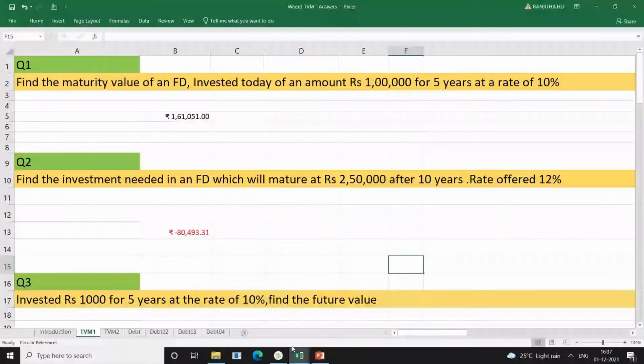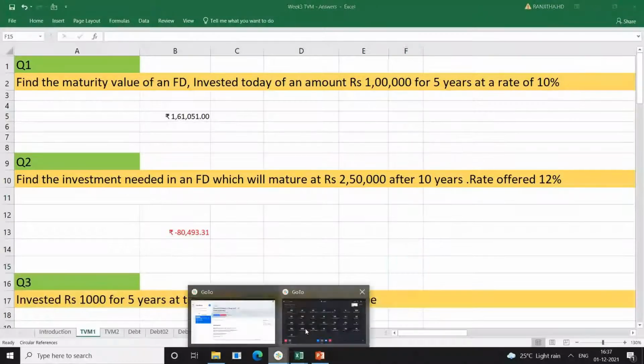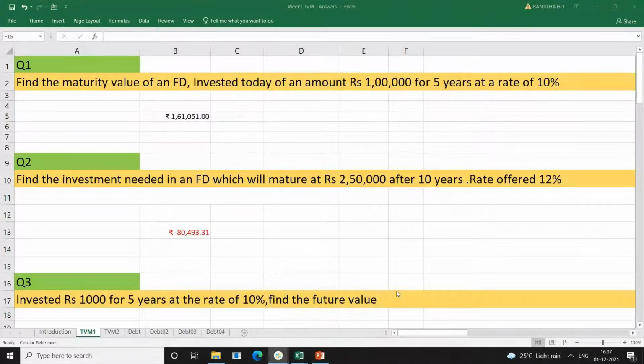Okay, wait. Yeah, one second. Now, is my screen visible? Okay.